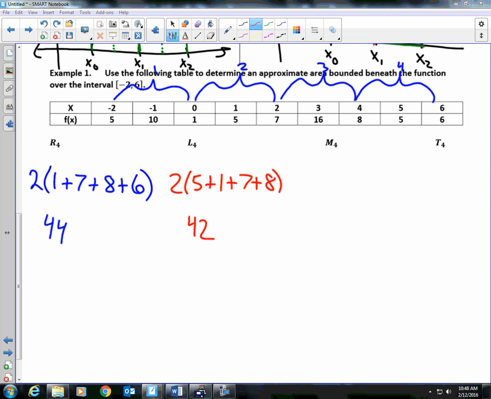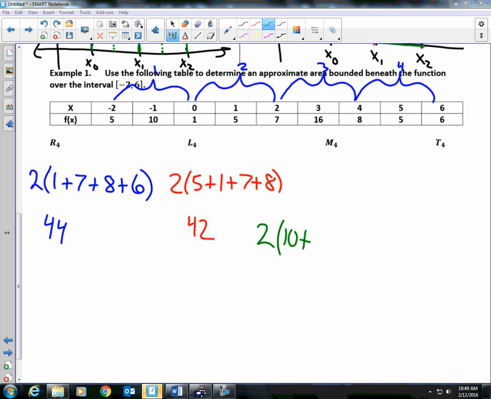All right, so now we look at the midpoint sum. What I have to do is look at my x values, which are negative 2 and 0, and find the average. What's the average between negative 2 and 0? Negative 1. So my width stays the same. My width is 2 times, what's the height at negative 1?